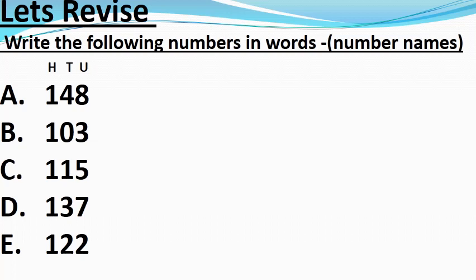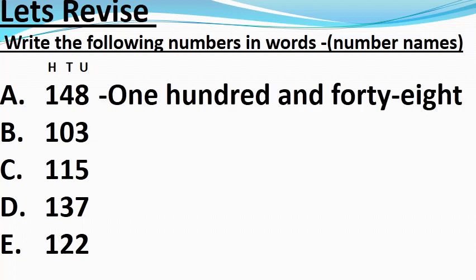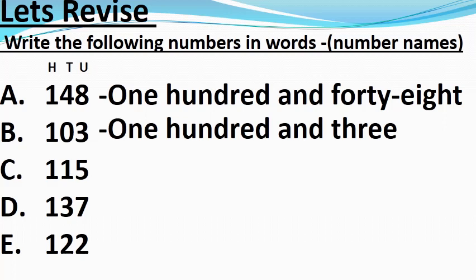Yes, so children, I hope you all could read these numbers. Let's check if your answers are correct. The first number, that is A, the answer is 148. B, 103. So we read it as 103.